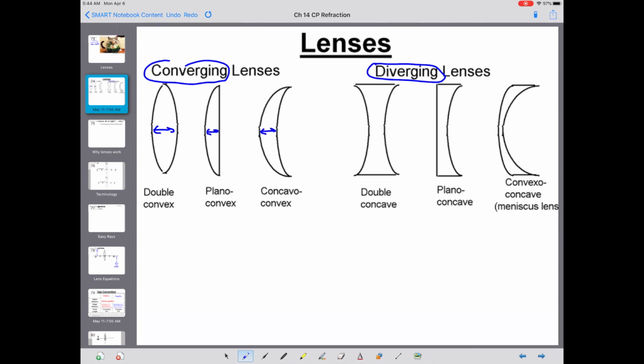So then we call these lenses that are thicker in the middle converging lenses. Conversely, we saw the lenses that were thin in the middle, the glass shapes that were thinner in the middle and thicker on the outer edges, cause the rays to spread apart. So lenses that have that thick part out towards the outer edges we call diverging lenses.